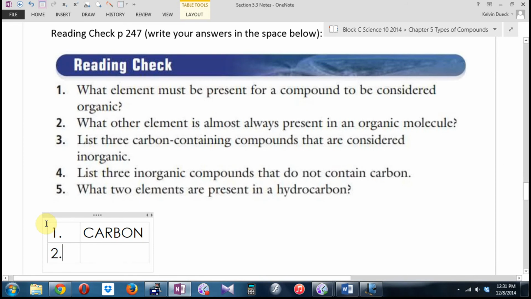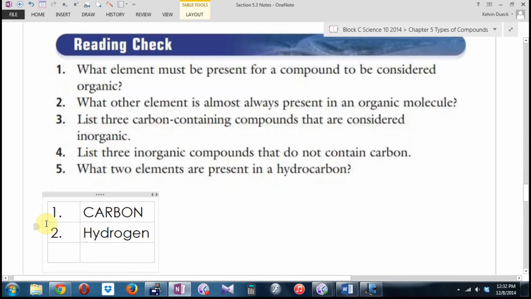2. What other element is almost always present in an organic molecule? Three. Says list 3 carbon-containing compounds that are inorganic. Okay, I can do that. Carbon monoxide.